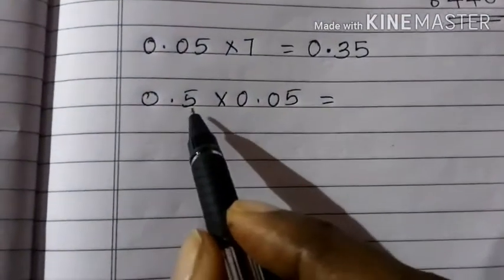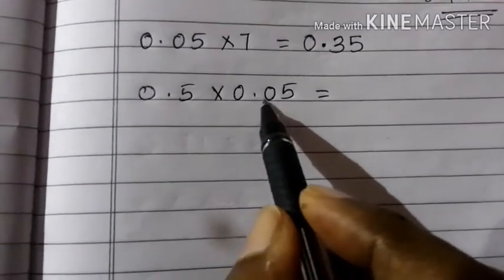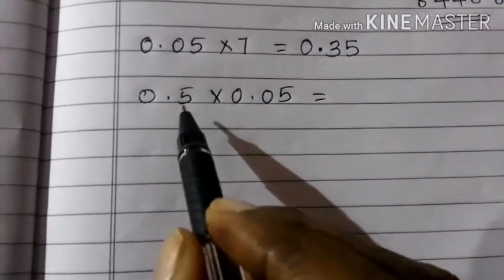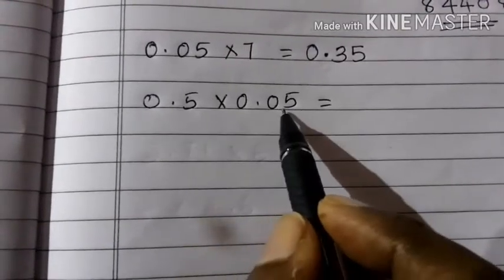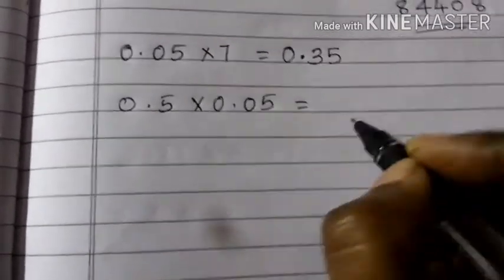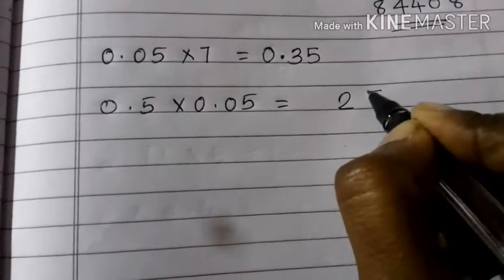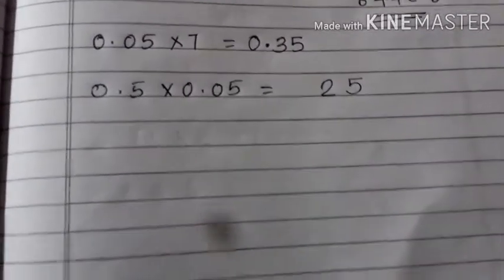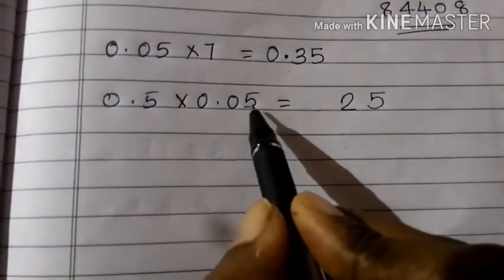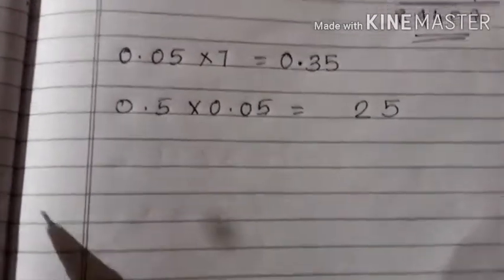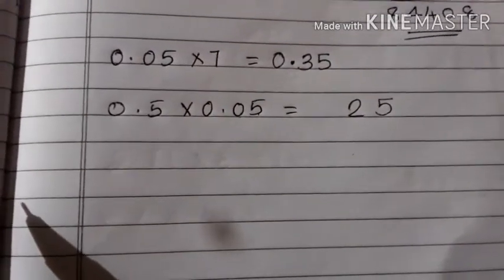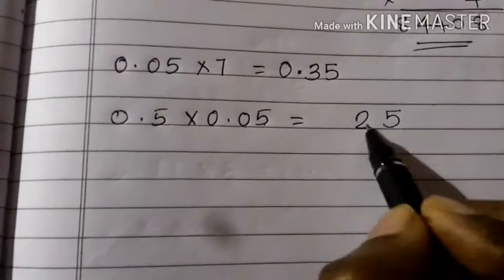Another example, 0.5 multiplied by 0.05. So here we multiply 5 5s are 25. Then count the decimal places 1, 2, 3. 3 digits are there, but here only 2 digits.